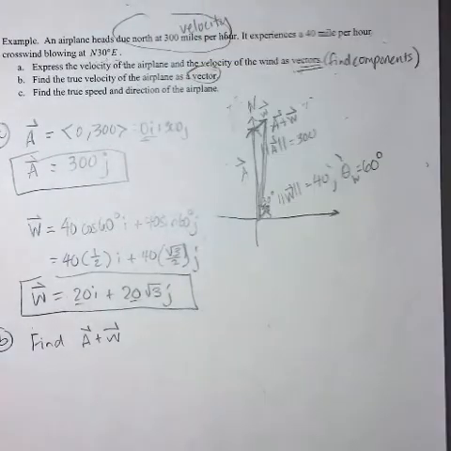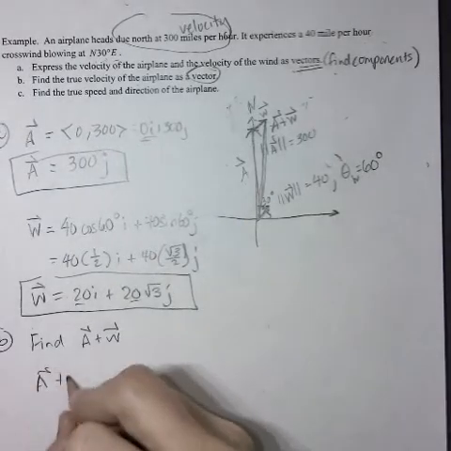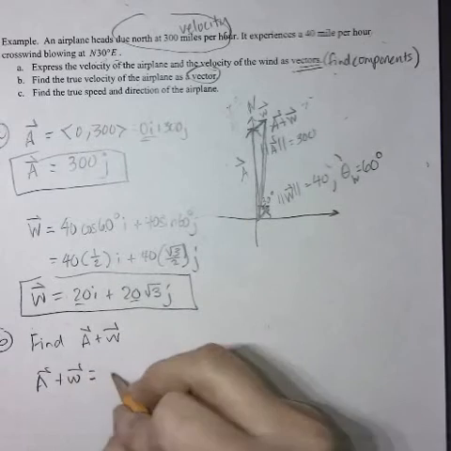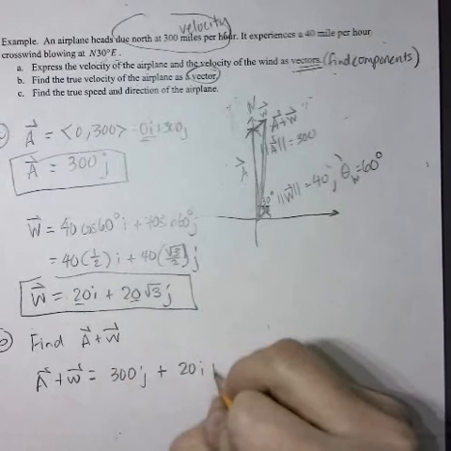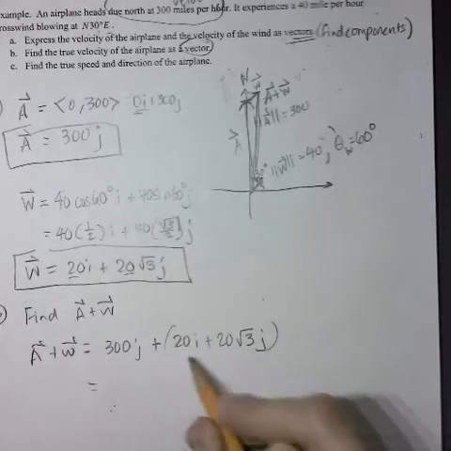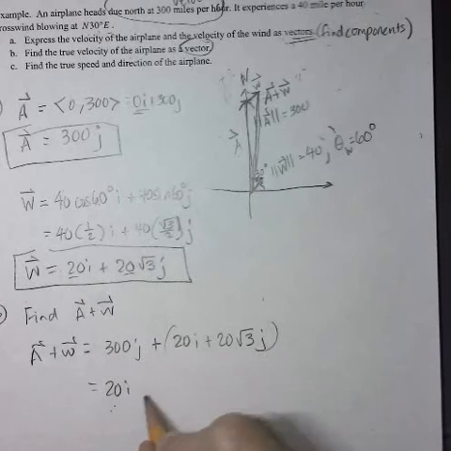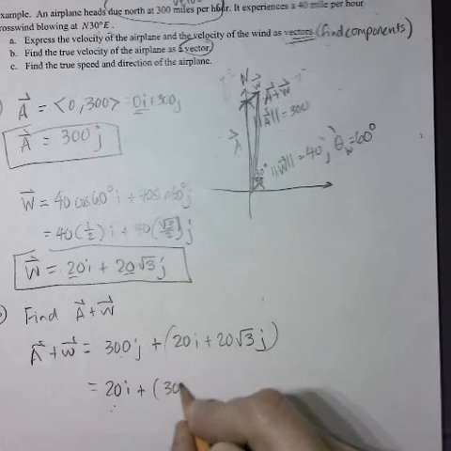So you're just adding the components of each vector. So A plus W is 300J plus 20I plus 20 square root of 3J. So 20I plus 300 plus 20 radical 3J.